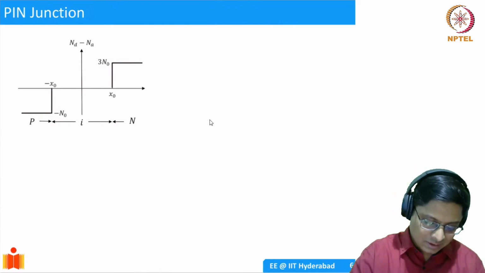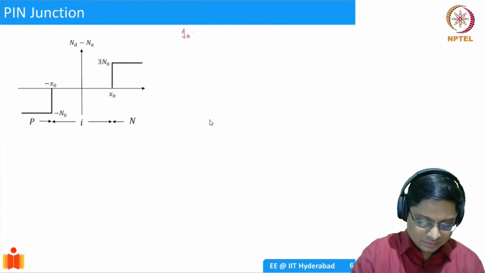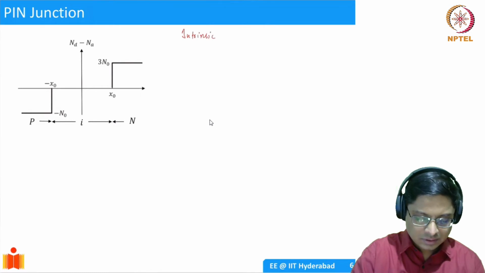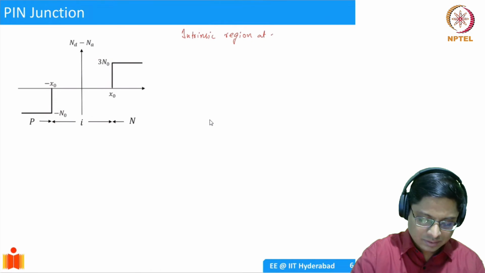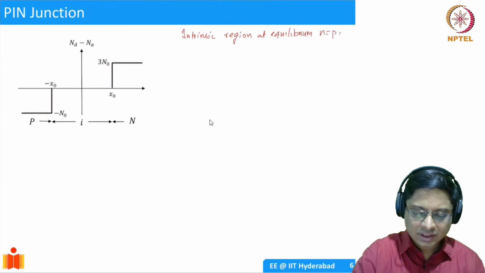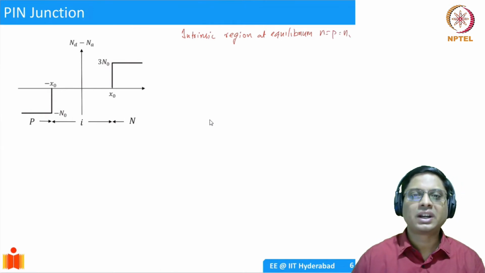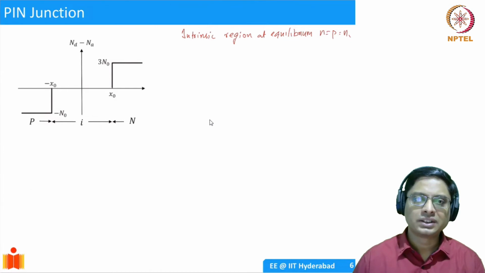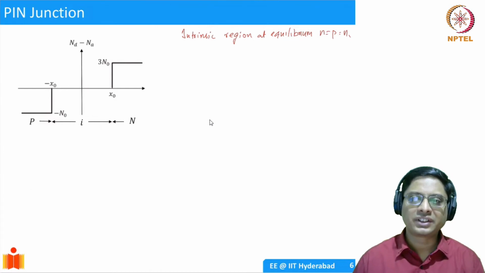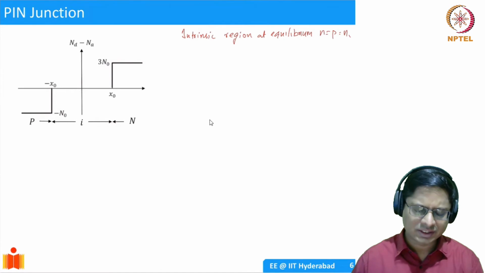The intrinsic region, at equilibrium, has to have N equal to P equal to Ni. There is always a finite number of electrons and holes produced there. That's the definition of intrinsic region, and of equilibrium.